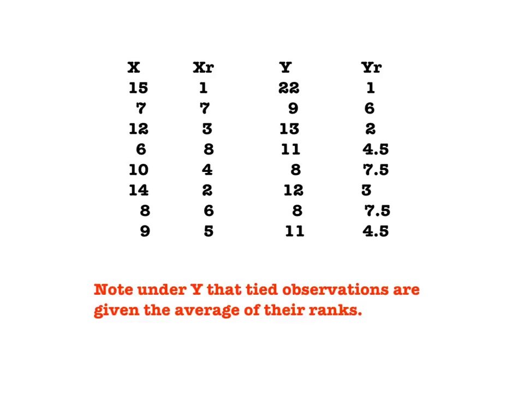Each of the 11s is ranked 4.5. And we do a similar thing for the 2 8s. Those ranks would be 7 and 8, and the average of 7 and 8 is 7.5. 7 plus 8 divided by 2 is 7.5. So that's how we deal with tied observations in a Spearman coefficient model.